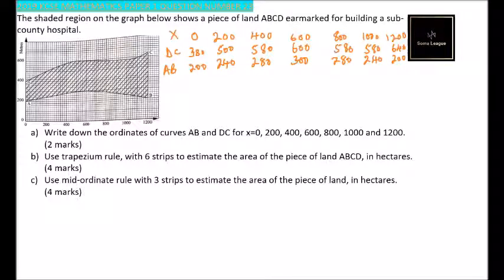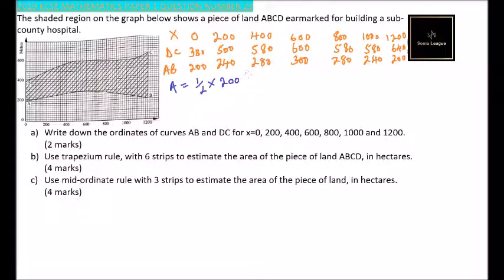We say area is equal to a half, you multiply by the height. In this case, the height is 200. That is 200 minus 0 is 200, 400 minus 200 is 200.